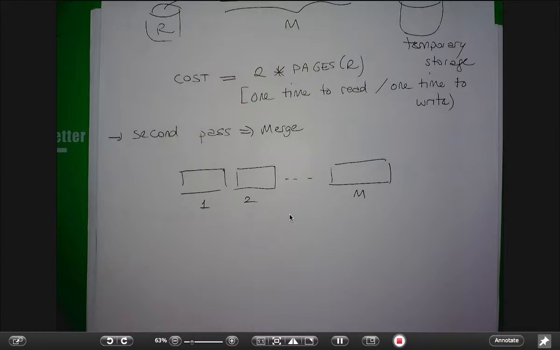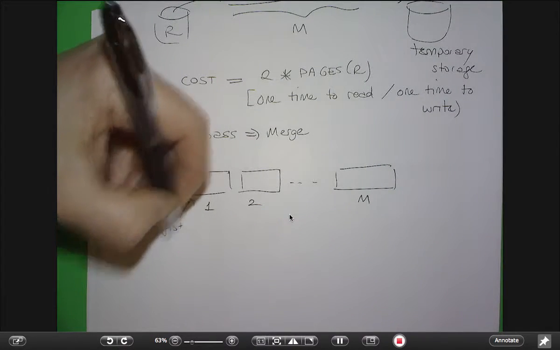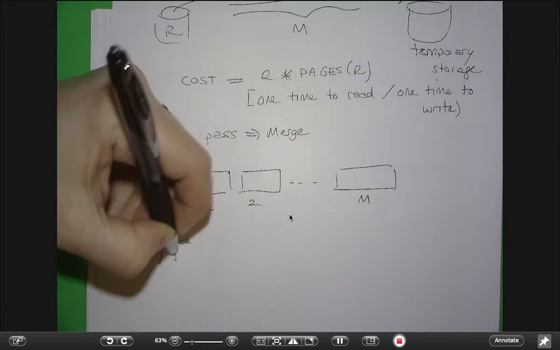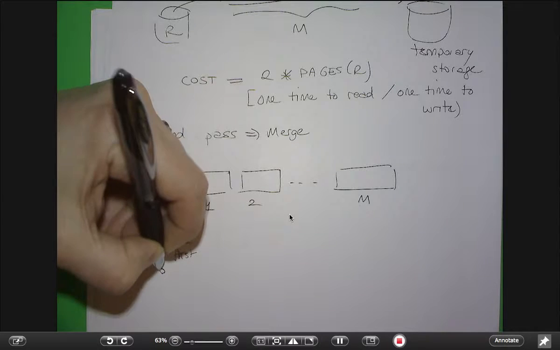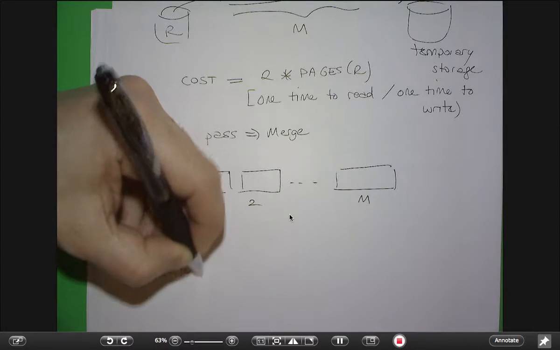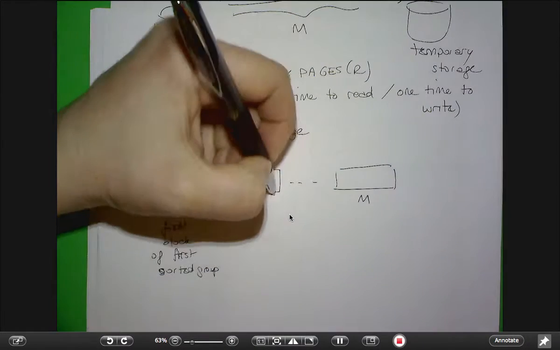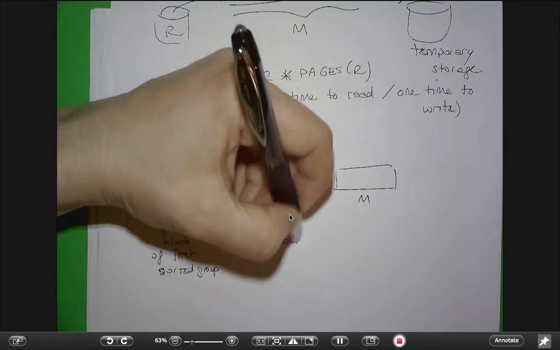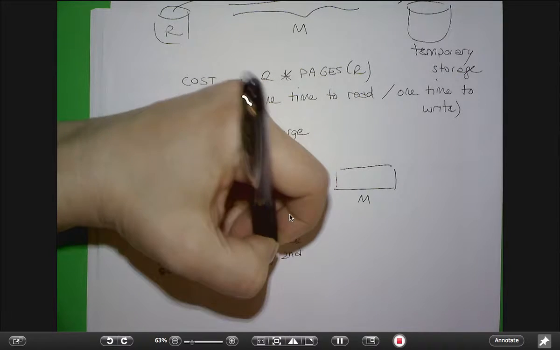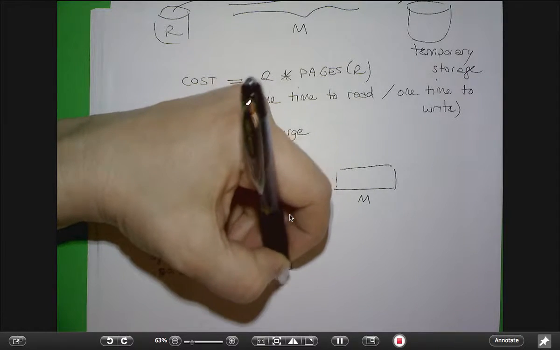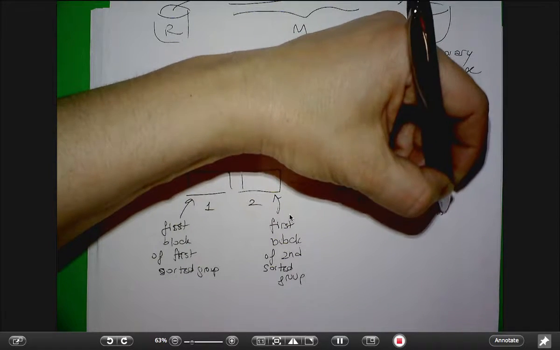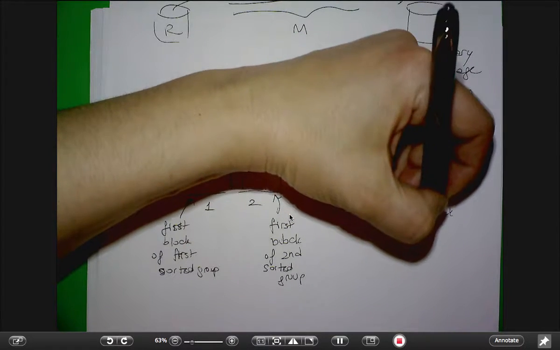So I'm going to read the first block of the first sorted group, the first block of the second sorted group, and this is going to be the first block of the mth sorted group.